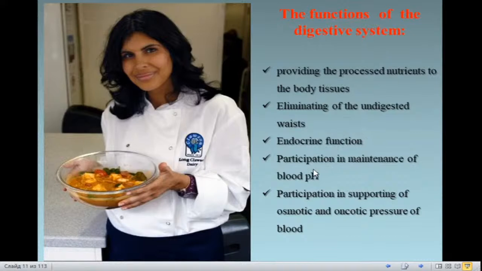The next, participation in maintenance of the blood pH. And the last one, participation in supporting of osmotic and oncotic pressure of the blood. These are major functions. Of course, many other small functions exist, and you will know that further while you will be studying physiology, pathology, and so on.